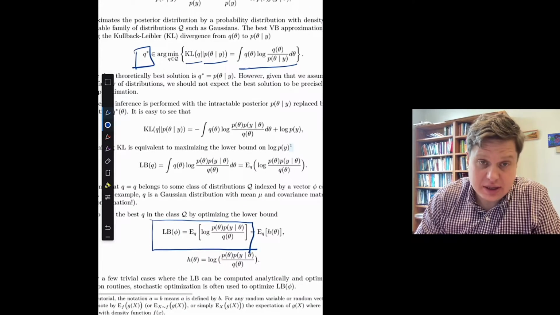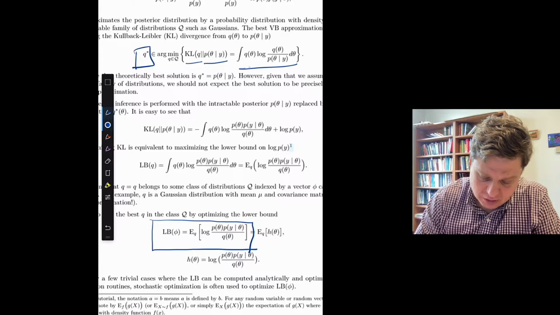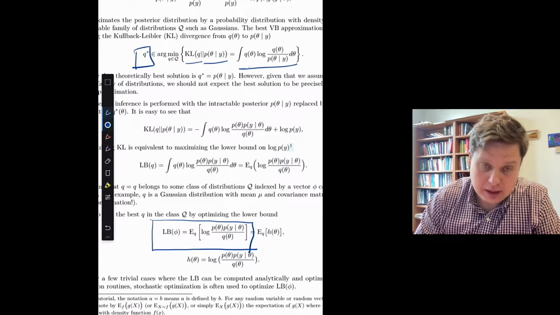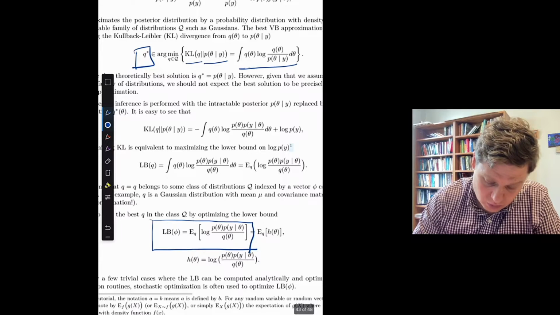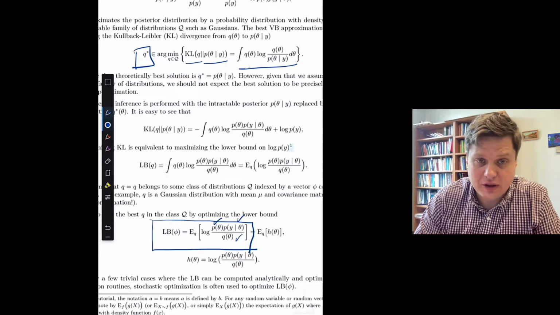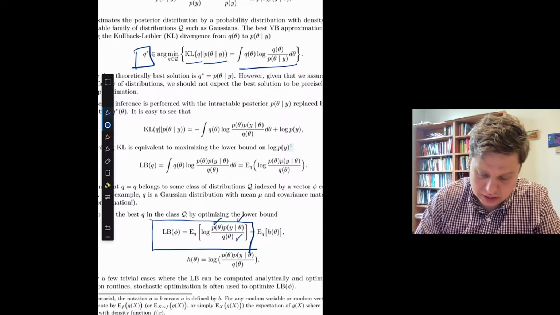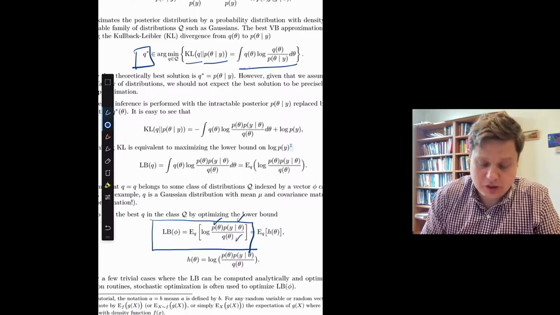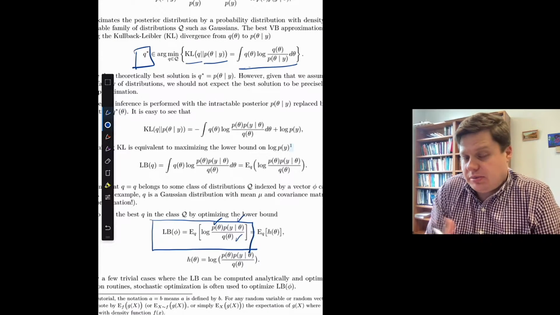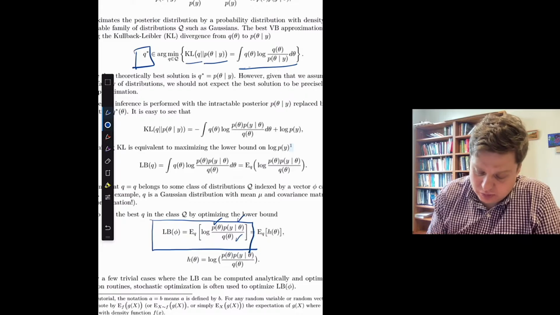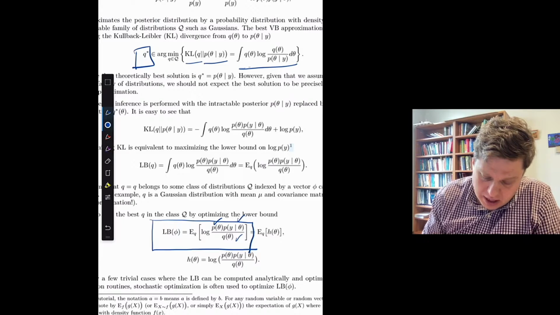The lower bound is just the expectation of the log of the prior times the likelihood divided by Q, and we know how to calculate all of these, so we have everything that we need to calculate this ratio. Essentially, now we have an optimization problem that only involves things that we know how to calculate.